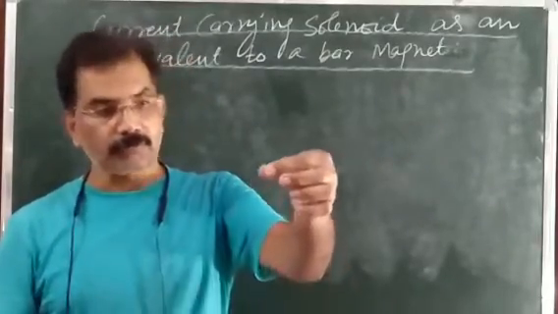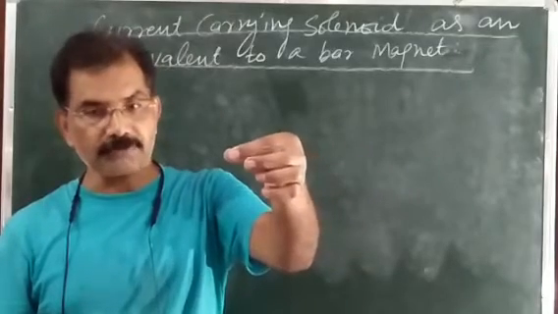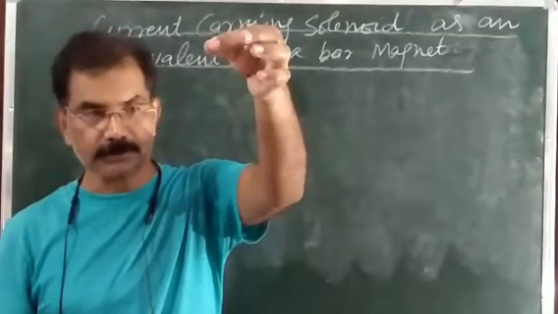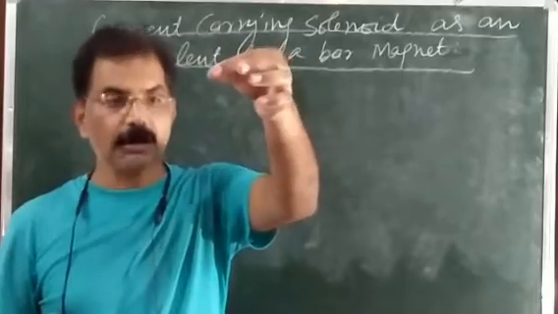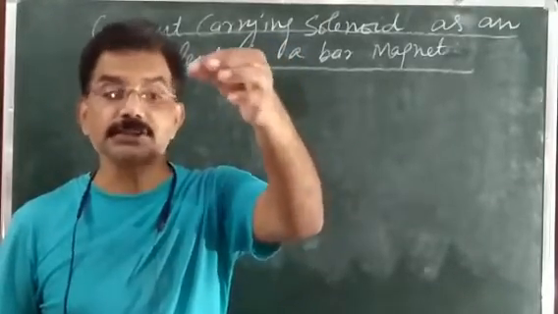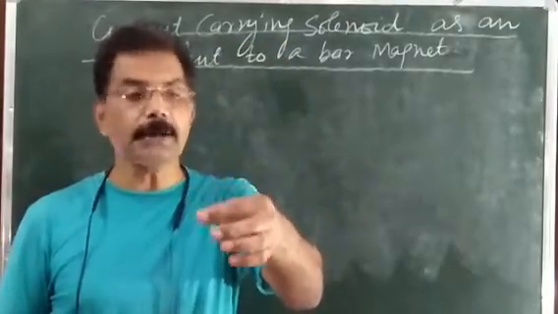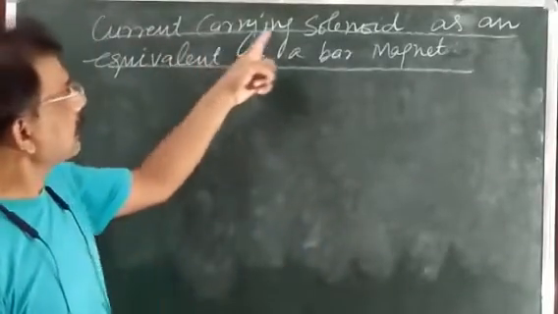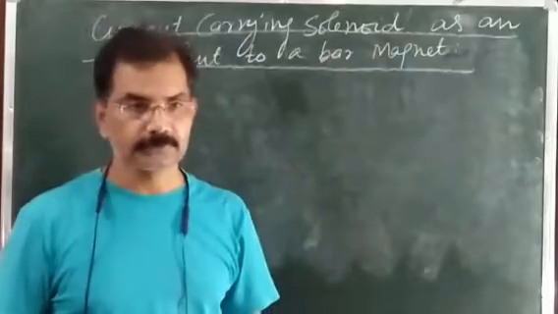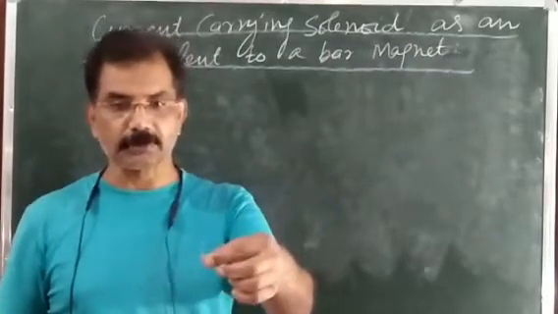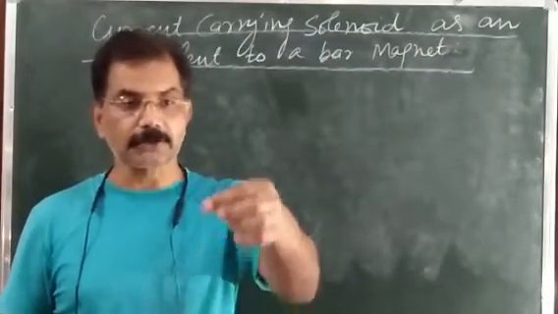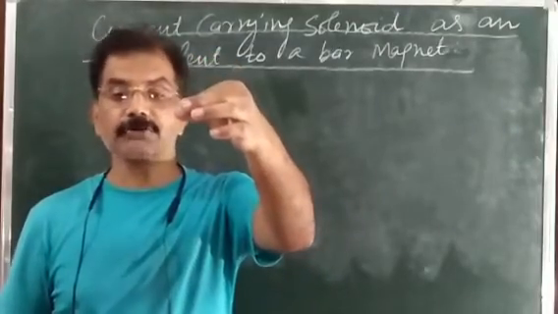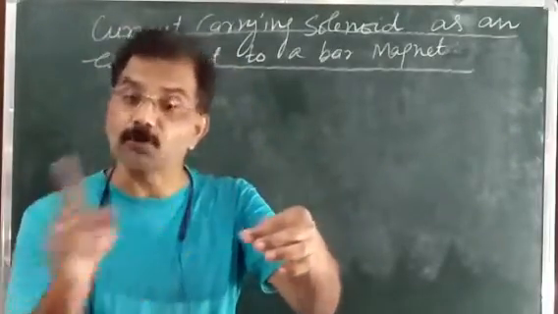Also, when a bar magnet is suspended freely from its center of gravity in a horizontal plane, it always rests in the north and south direction. It is a property of a bar magnet. But it is also observed that a current carrying solenoid, if suspended, also comes to rest in north and south.